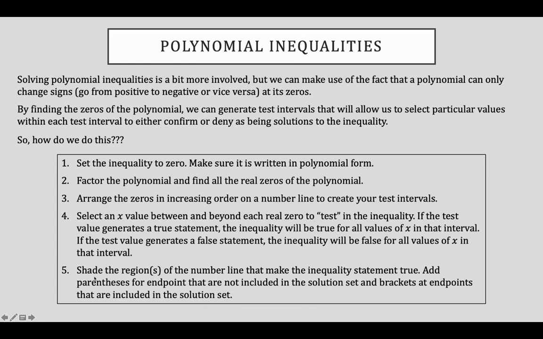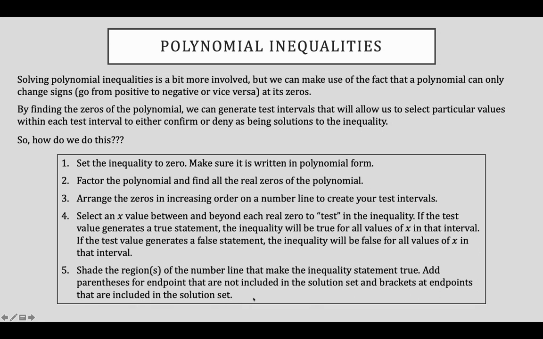And finally, step 5, shade the region or regions of the number line that make the inequality statement true. Add parentheses for endpoints that are not included in the solution set and brackets at endpoints that are included. Again, you could use an open circle instead of a parenthesis, and a closed circle instead of a bracket.